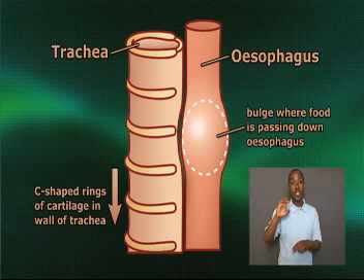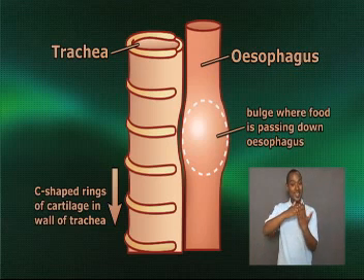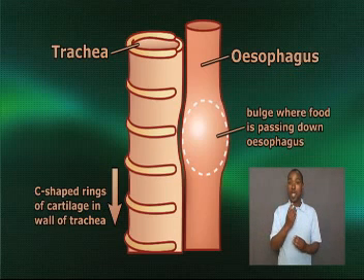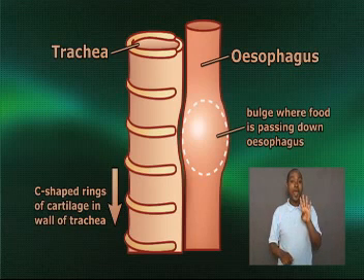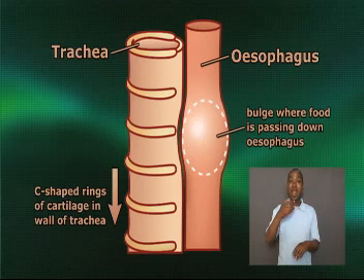The cartilage is shaped like a half circle so food can be swallowed. The esophagus and trachea are side by side. If the trachea had full circle rings, the food that moves down the esophagus would press against the trachea and cause pain.